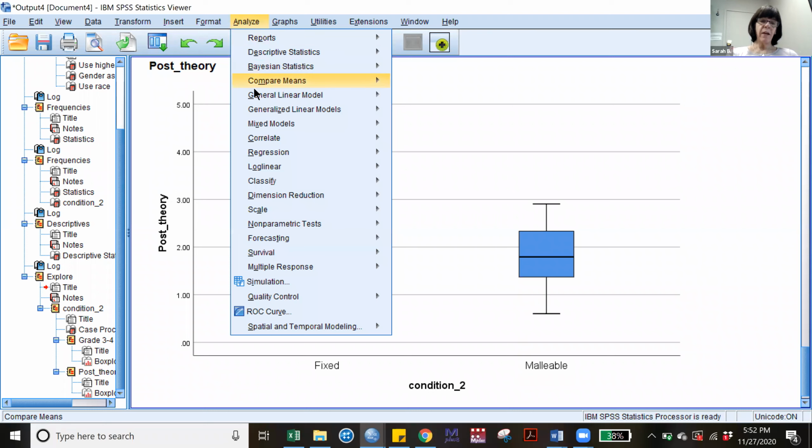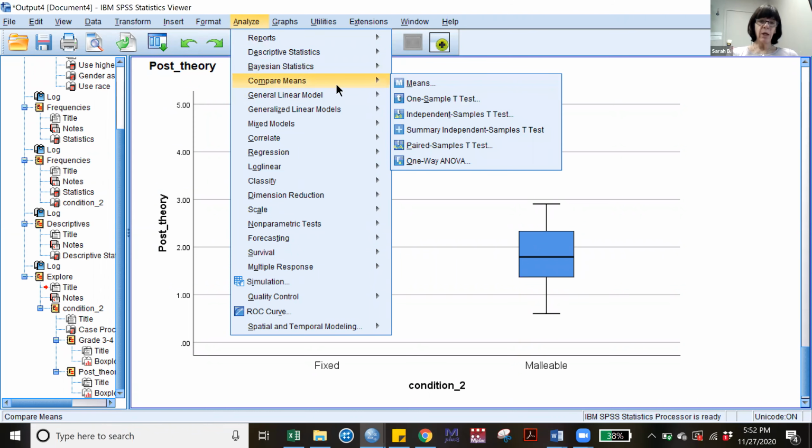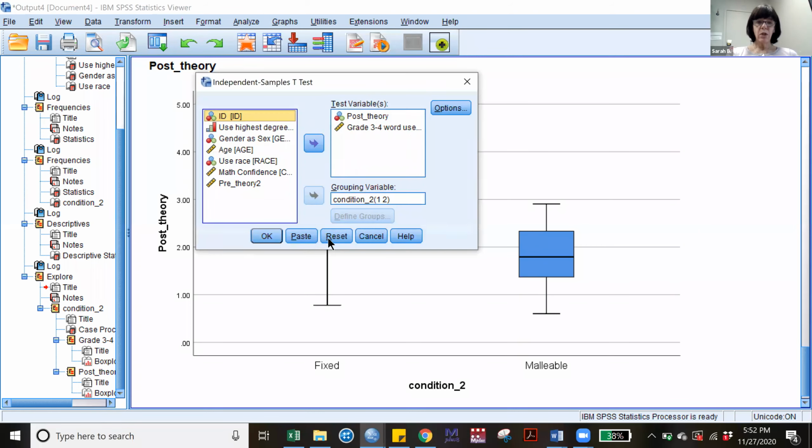So this is going to be found under Analyze, Compare Means, and it's the independent samples t-test. For the independent samples t-test, you can put in more than one dependent variable at the same time. So we're going to do that. We're going to compare our two measures that we administered after the treatment, word use and post theory.